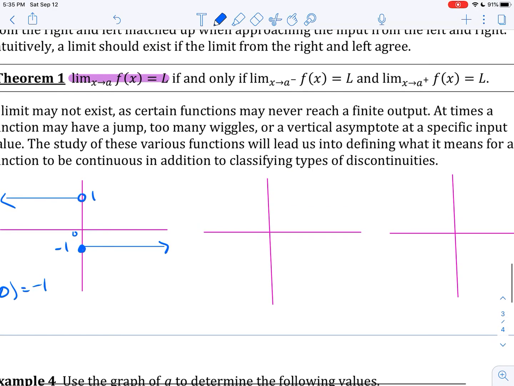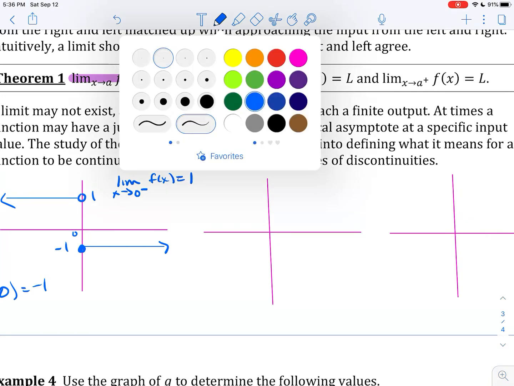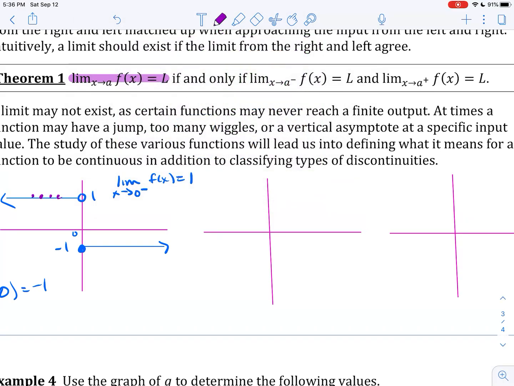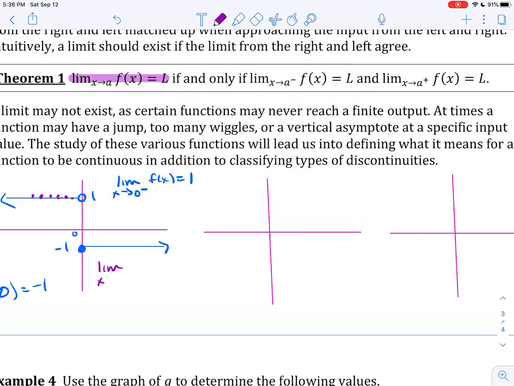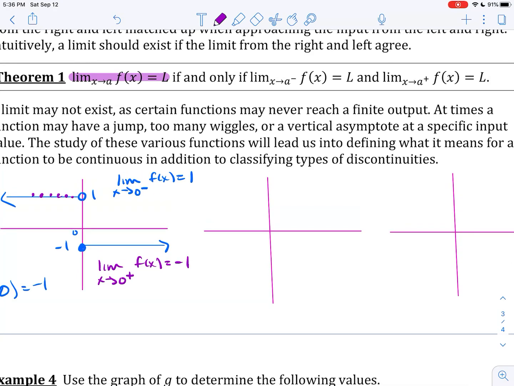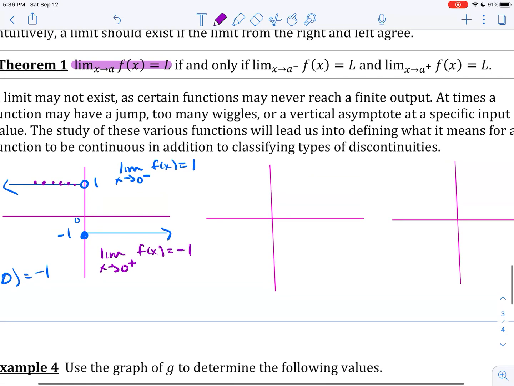We would say that the limit as x approaches 0 from the left of f of x is going to equal 1 because the outputs from the left-hand side are approaching the value of 1. We say that the limit as x approaches 0 from the right of f of x is going to equal negative 1, because the function outputs are approaching negative 1 from the right.